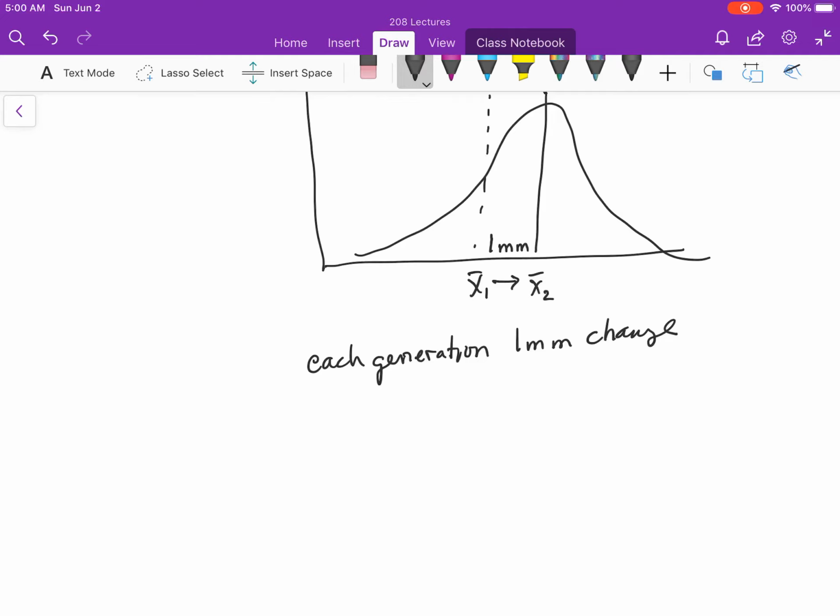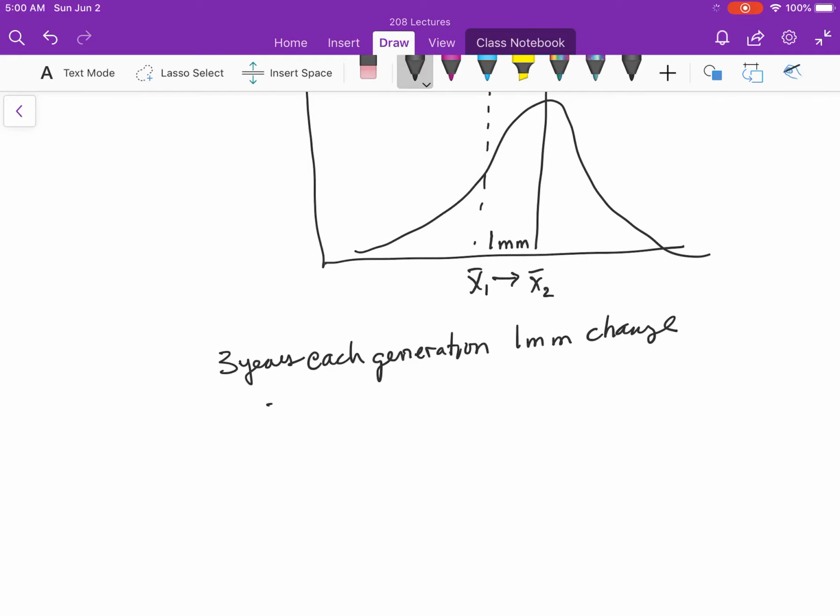So 3 years per generation. Let's say that in 30 years, we would have 10 generations, and that would be 10 millimeters of change. That would be really fast. Holy smoke, that's really, really fast.